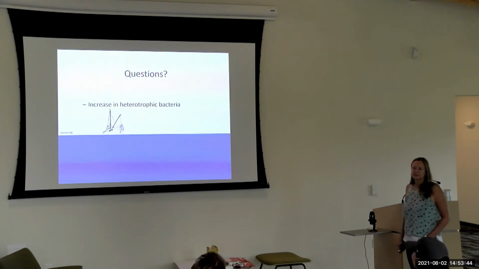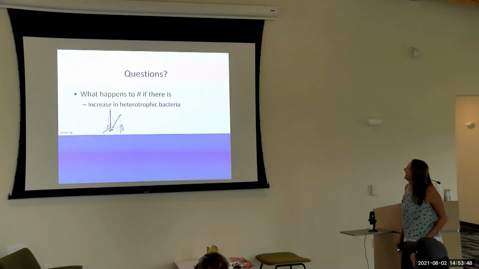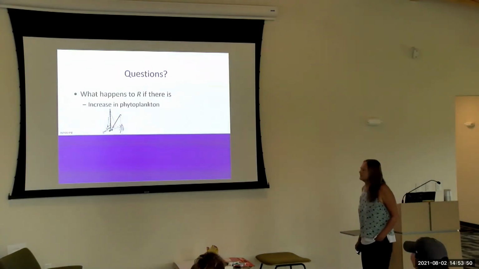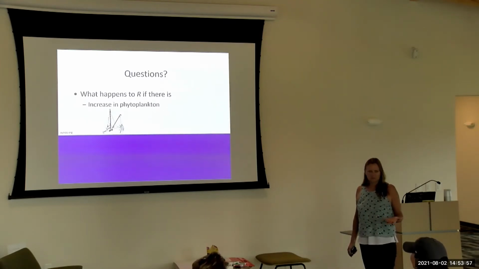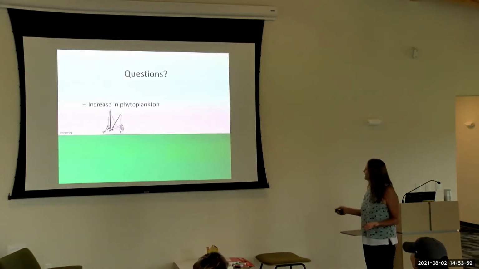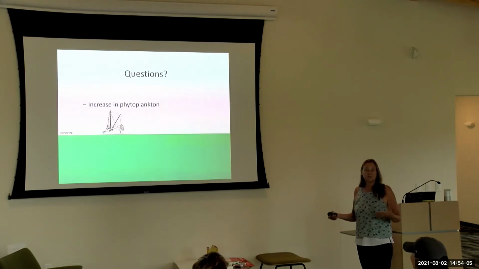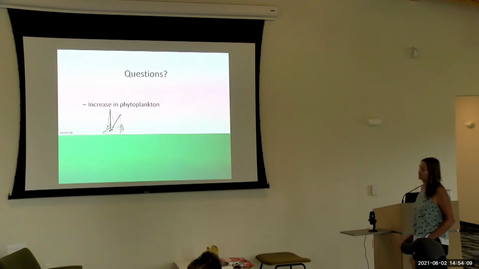So it'll get brighter. Don't want to swim in that water. Increases phytoplankton? So it could be darker and greener, right? It depends on their absorption and backscattering, right? So it can be brighter, but it will certainly be greener.